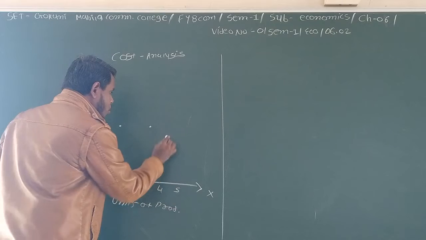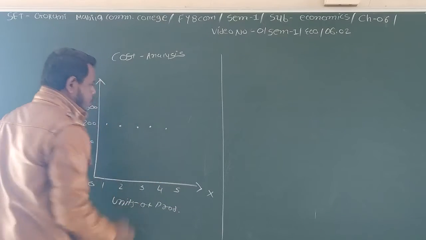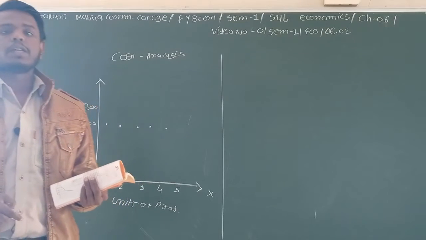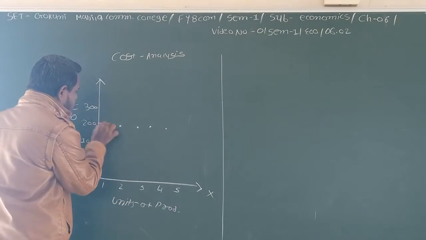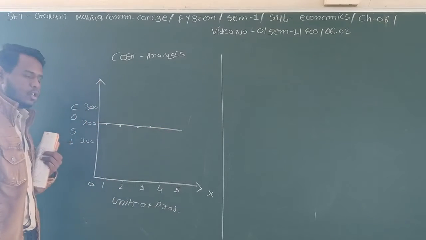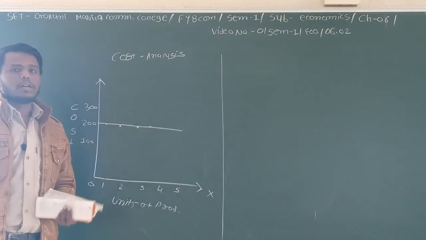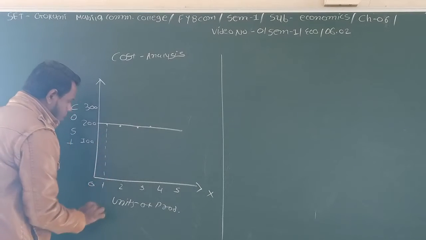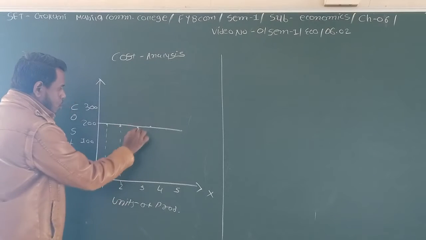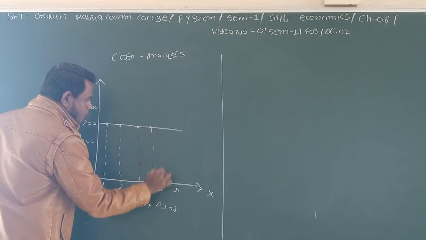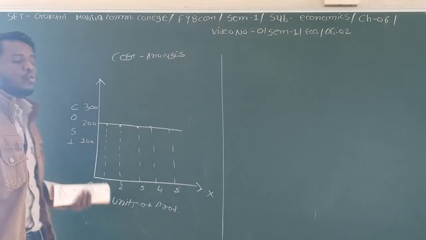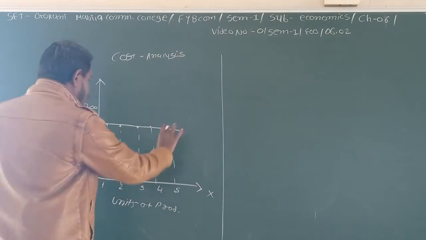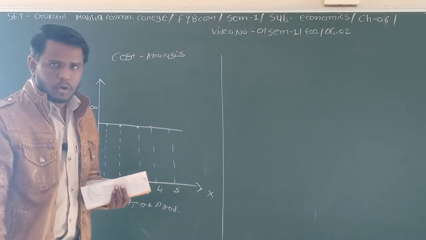And when you produce 5 units or 3 units, all the time, you will have to incur rupees 200 expenses because it is the fixed cost. So this is the curve of fixed cost. When you produce 1 unit or 2, 3, 4, 5, or however many units you produce, in the fixed cost there would not be any change in the cost incurred on that particular commodity.